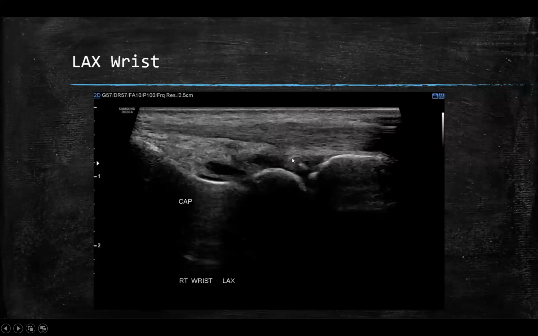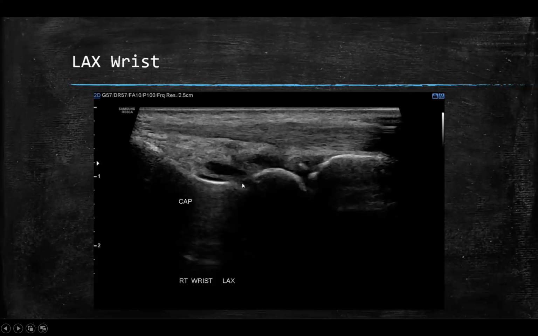This is the proximal dorsal synovial recess here, this hypoechoic area coming right up over the lunate. The second is the midcarpal recess, or the distal synovial recess, and this has a different configuration. It hugs tightly right up against the capitate here, and it has a flatter appearance.